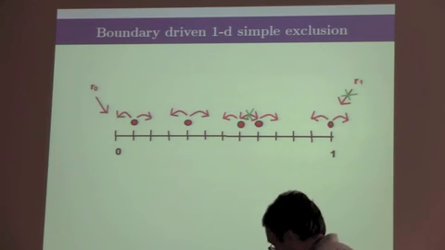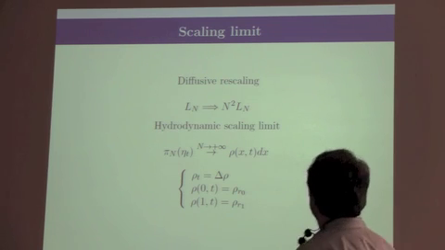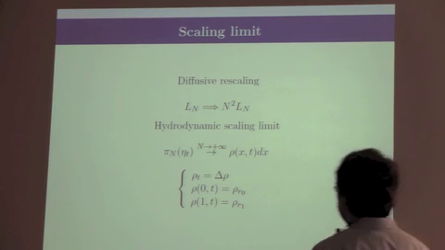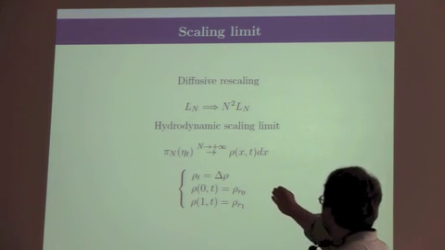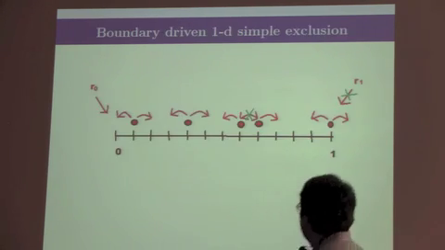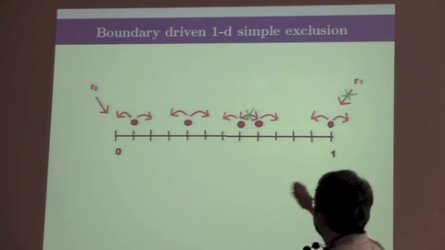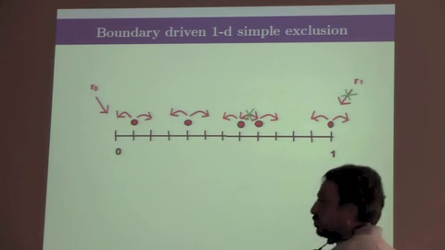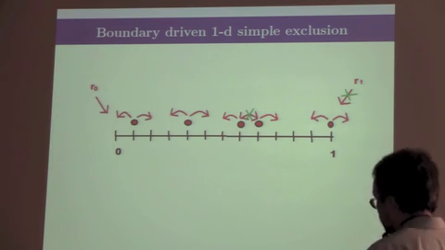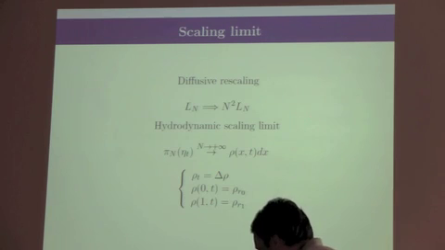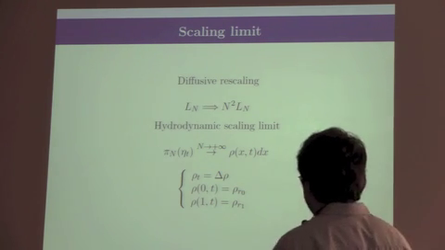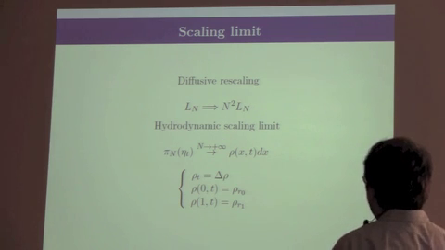So you have to accelerate the process to see a non-trivial behavior. I have to consider the empirical measure, pi n. Here, essentially, you can think of particles as a configuration of 0s and 1s, and associated to a configuration of 0s and 1s you can associate this object called the empirical measure, a positive random measure on the interval [0,1].